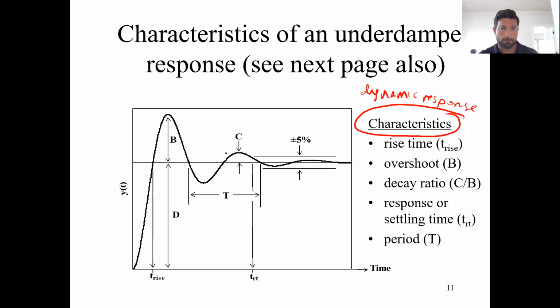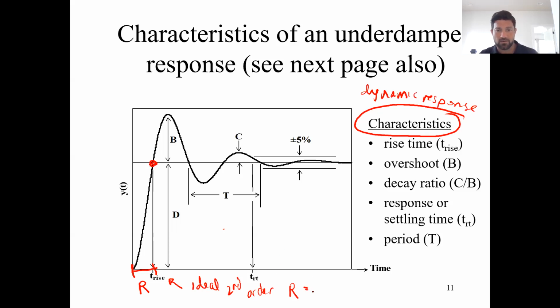Okay, so the first term is something called rise time. I'm going to call this R. Rise time, this is a characteristic. So if you have an ideal second order, this characteristic right here, which I call R, is the time that it takes for the process to reach the new steady state value.